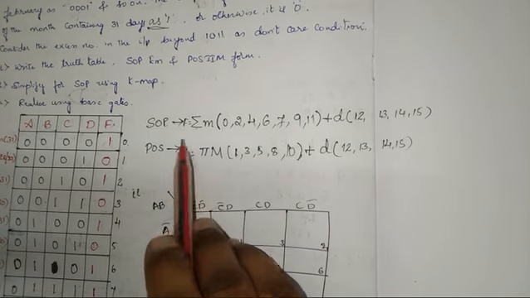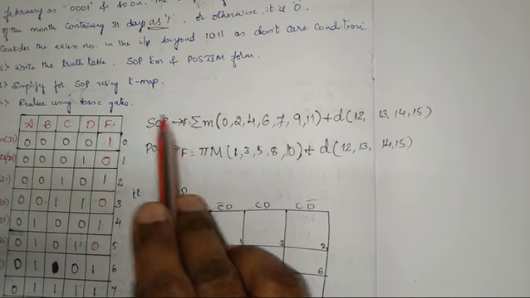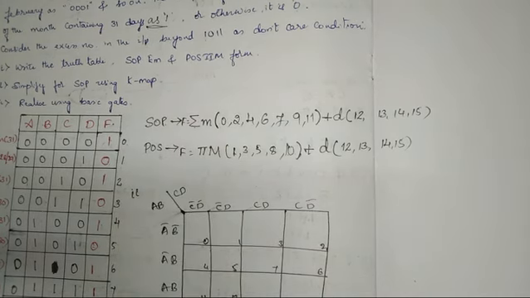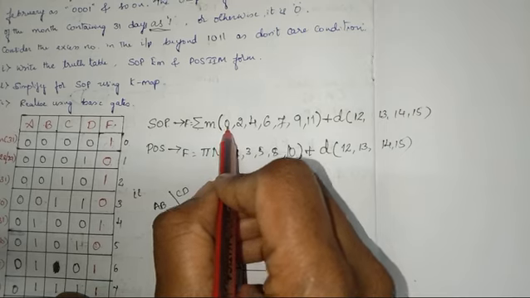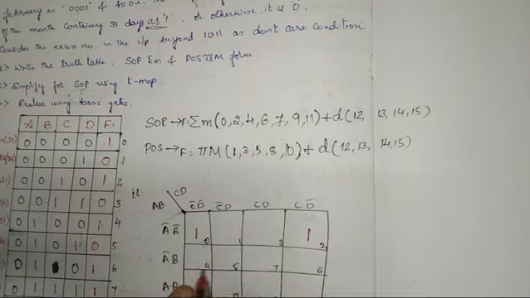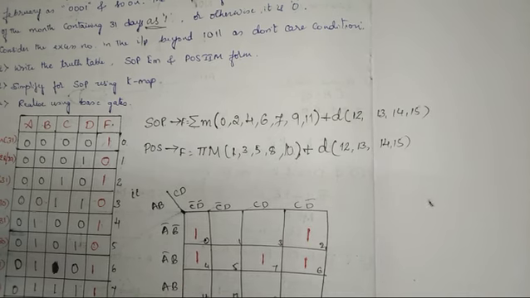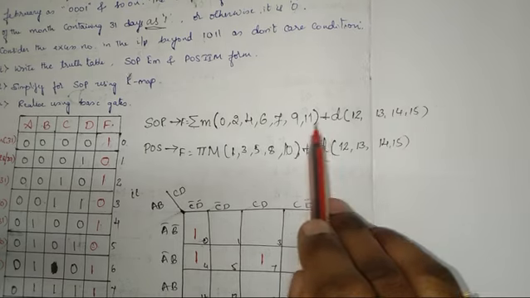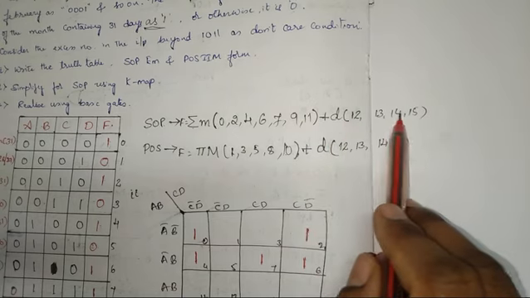Okay, so since they have asked to use the SOP by using the K-map, I'll take these cell numbers and I'll write 1. So for 0 it is 1, and for 2 it is 1, and for cell number 4 1, cell number 6 1, 7, 9, as well as for 11. Okay, next, we even have a don't care function also, the cell number 12, 13, 14, 15.